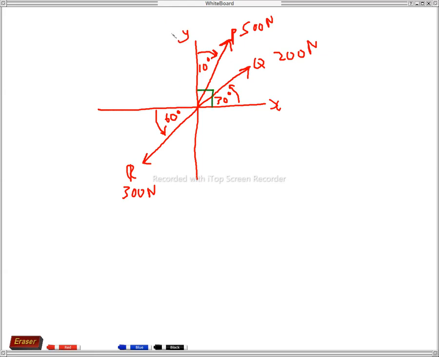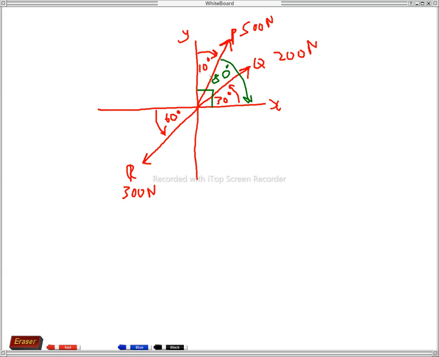Here we have 90 degrees because this is perpendicular to the horizontal. And then this angle is 80. What we can do is simply say that this angle over here is going to be 80, because when I add these angles together it must give me 90.